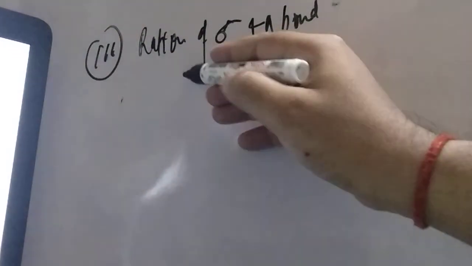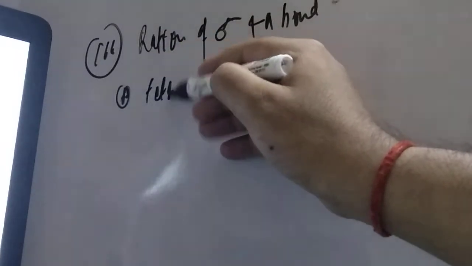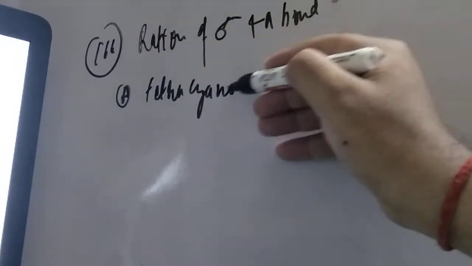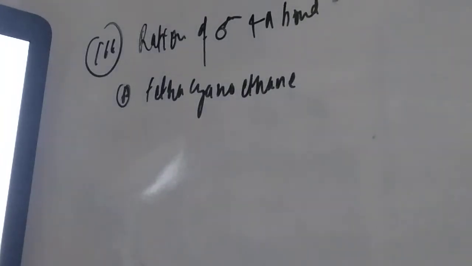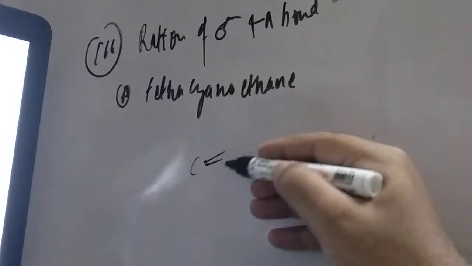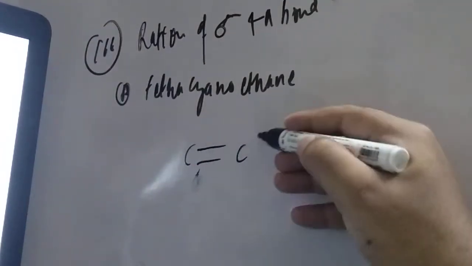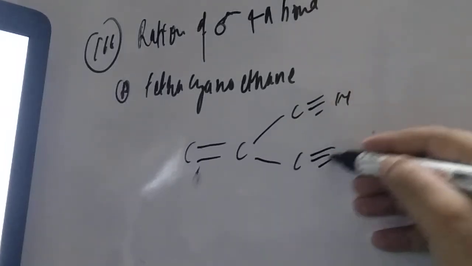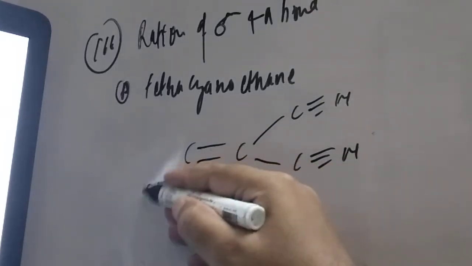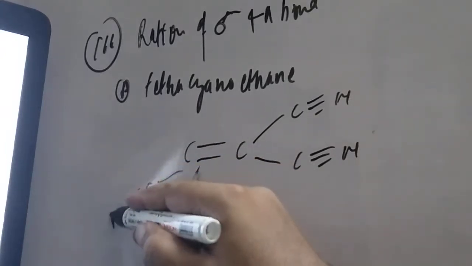So first, we can check tetracyanoethane. First option, if you take A, that is tetracyanoethane. It came in the previous question also, student. I already told you in many questions that a triple bond always contains 1 sigma and 2 pi bonds.